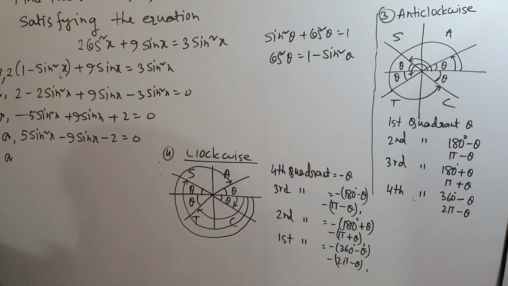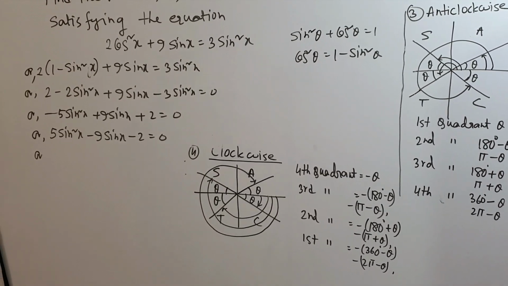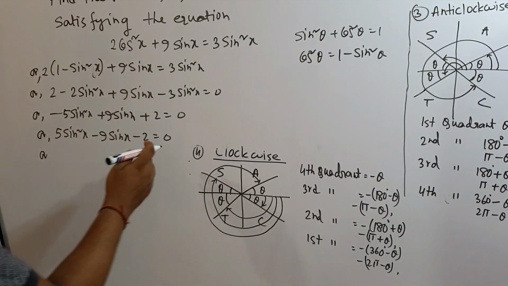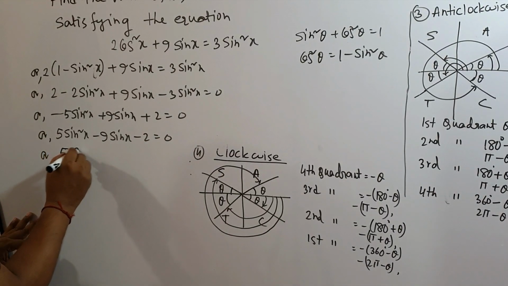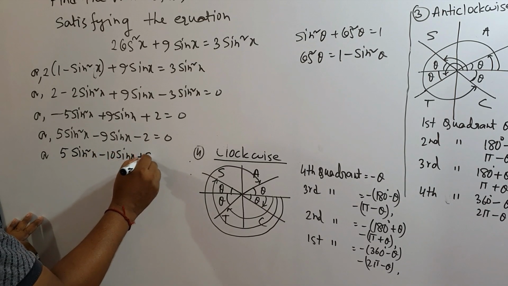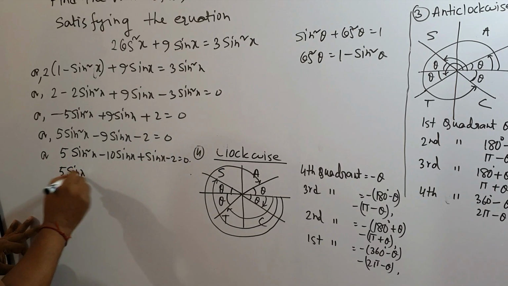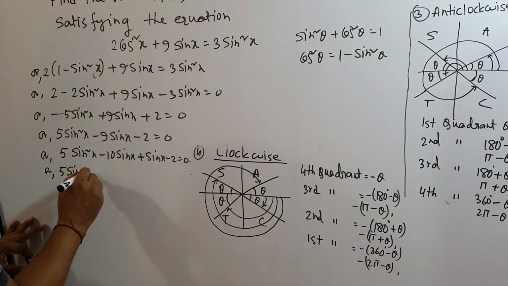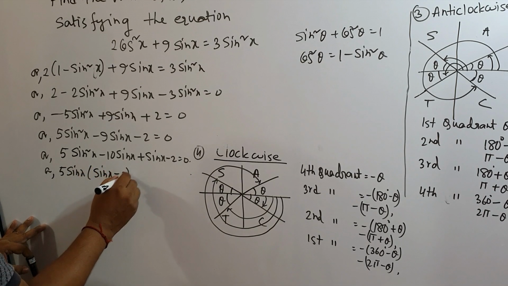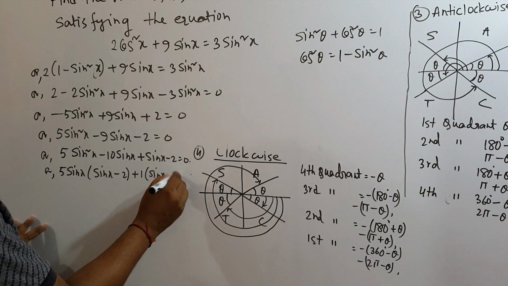If you factorize, multiplying 5 and 2 you get 10, and splitting it as 10 minus 1, it becomes 5 sin square x minus 10 sin x plus sin x minus 2 equals 0. Taking 5 sin x common, it will be sin x minus 2, plus 1 common, sin x minus 2, equals 0.